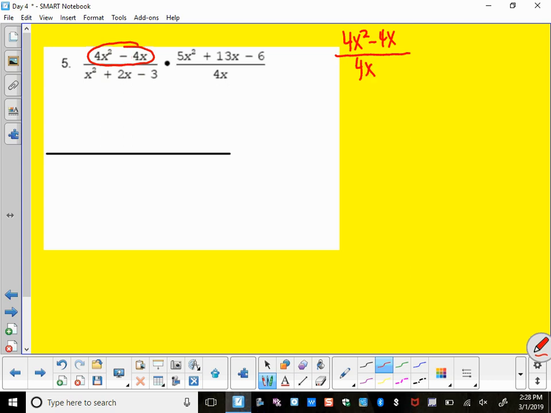So my GCF is 4x. If I divide, what's 4x squared divided by 4x? Just x. And then negative 4x divided by 4x is just negative 1. We're going to plug that right in: 4x times x minus 1.